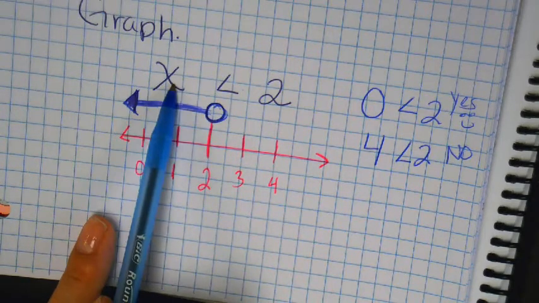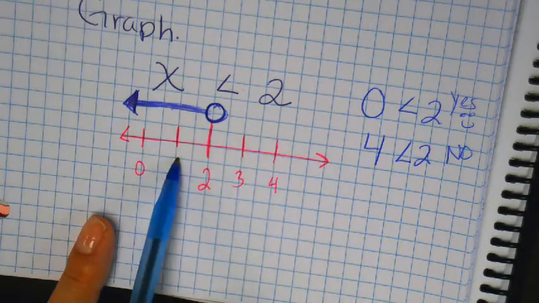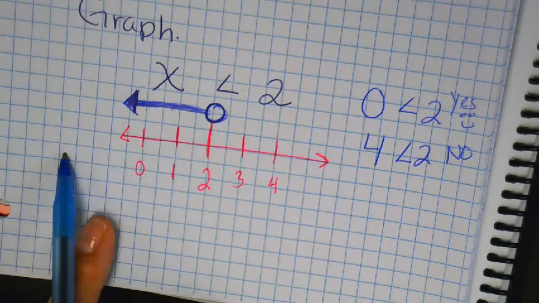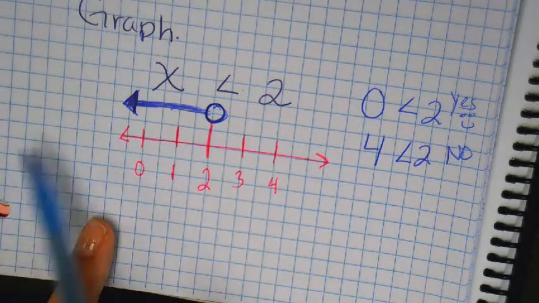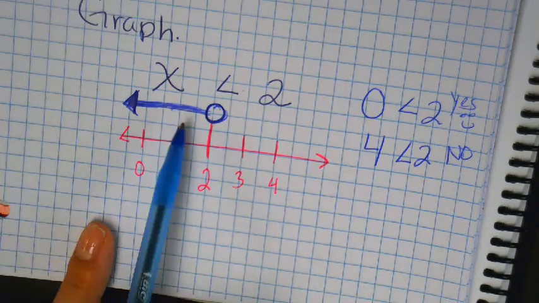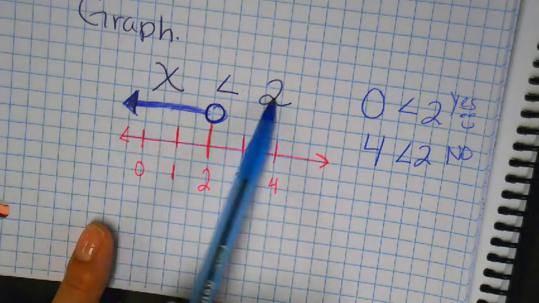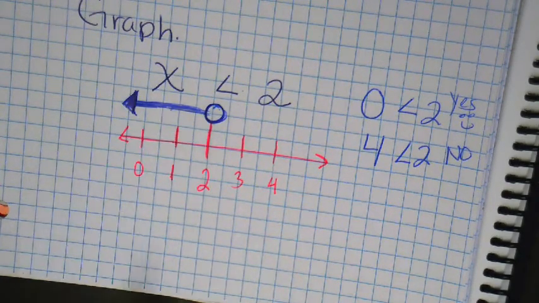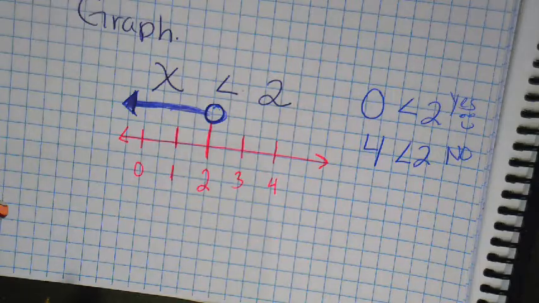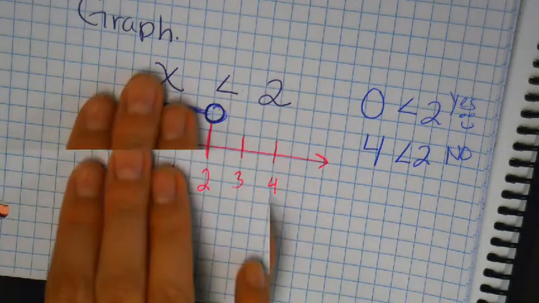Which numbers are less than 2? 1, 0, -1, -50, -100, if we were to continue our number line. So you're shading the numbers that fit this problem. X is less than 2. All of these numbers are less than 2. Are there any questions so far? No. Okay. This is graphing.